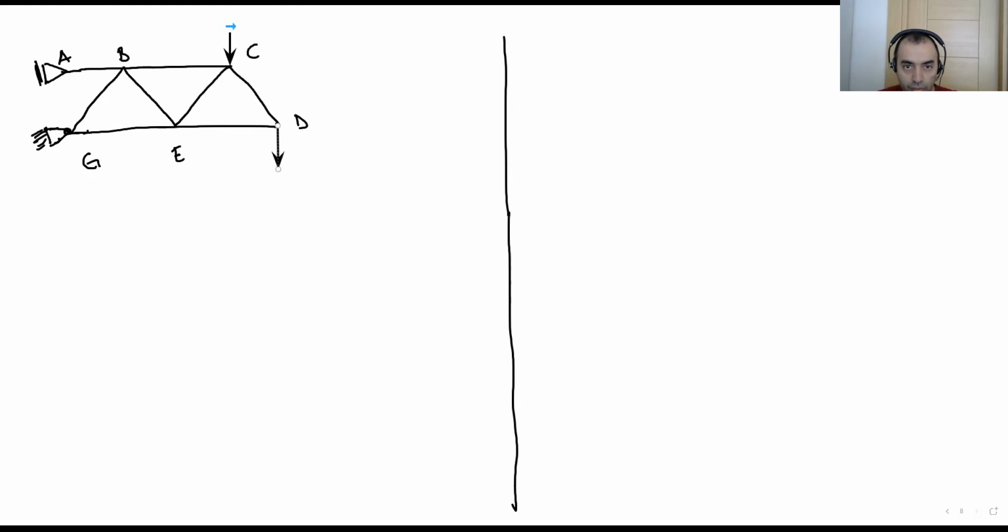We have two forces on this member. This is 10 ton. 10 ton.